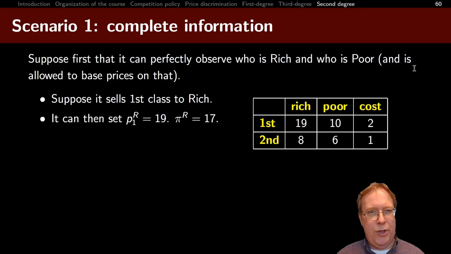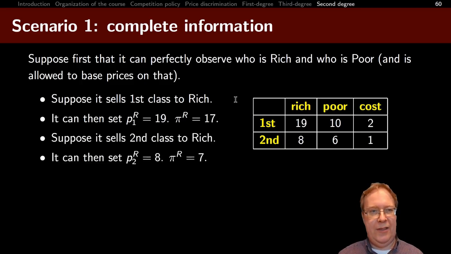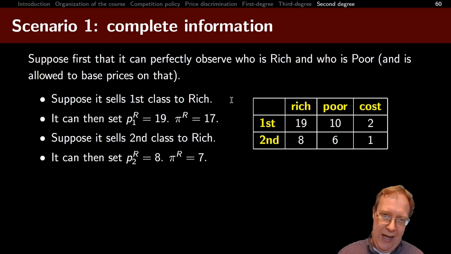So there are a couple of options. It can choose to sell first class tickets to the rich. In that case, it will charge a price of 19 because that is what they would be willing to pay. Its profits from the rich would be 17. If it sells second class to the rich, it will charge a price of 8 and profit will be 7.